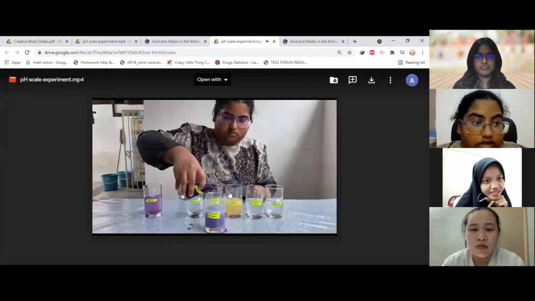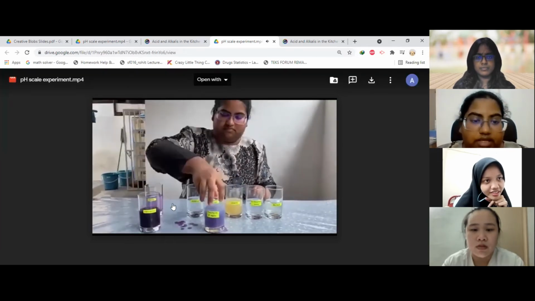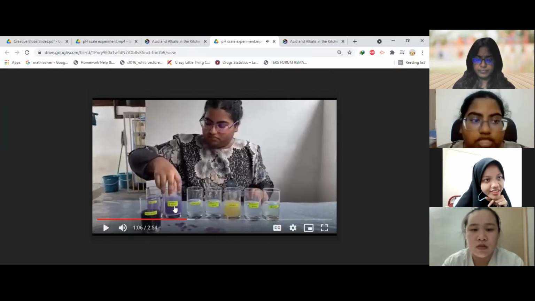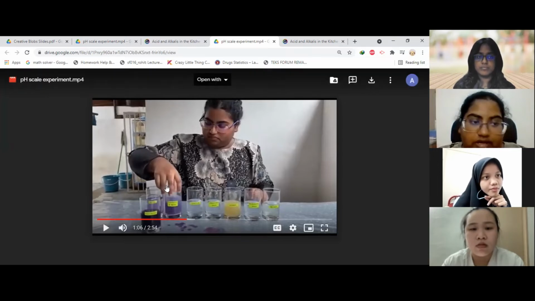It's a very good attempt, Batslin, but it looks like it's not pink, it's bluish purple. So if it's bluish purple, it means that it's alkaline, correct?